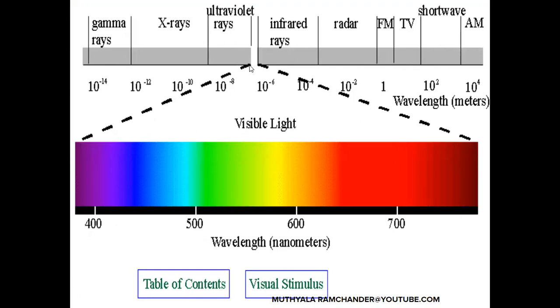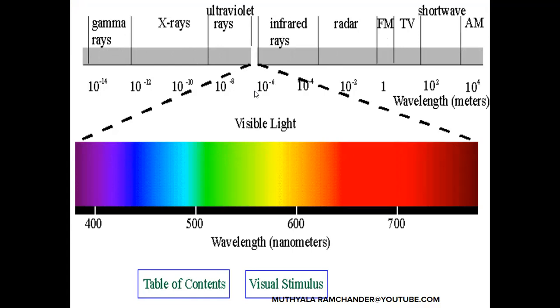See children, from 390 nanometers to 700 nanometers, we can identify light with our naked eyes, called visible light. Below the low wavelength of visible light, these 3 rays, gamma rays, X-rays, UV rays, cannot be identified by our naked eyes. And above the visible light wavelength, infrared rays, radar rays, TV rays, FM rays, AM rays are also not identified by our naked eyes.